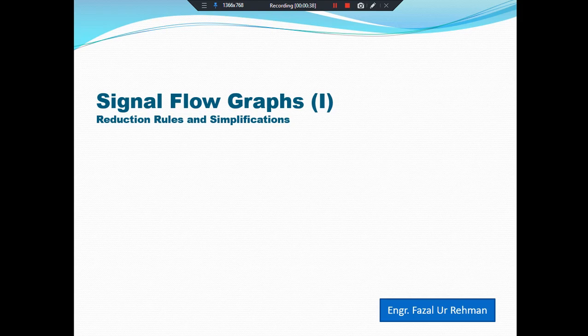The difference between the two is that unlike block diagram, which has blocks, signals, summing junctions, and pick-off points, the signal flow graph is a simple technique. It has only two components. One is the branch, and the other is the node. The branch represents the system and the node represents the signal. Let's start the topic.